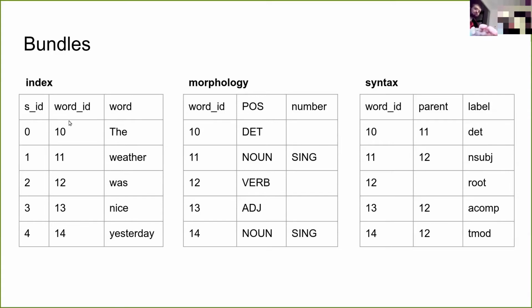Then we enrich this frame with the morphology or syntax or any other features and place them in different frames. We don't want to join them all together because it's going to be too many columns and not manageable. We just place them in separate data frames and supply them together in a zip file where all these files are present.